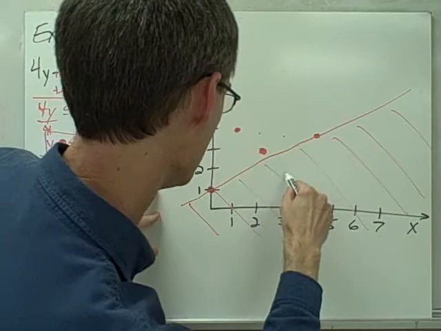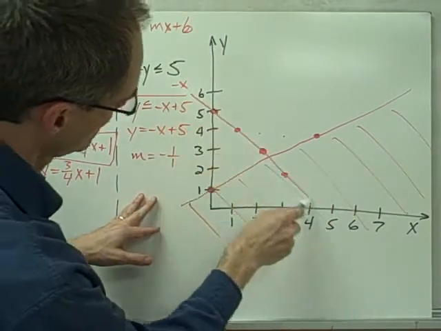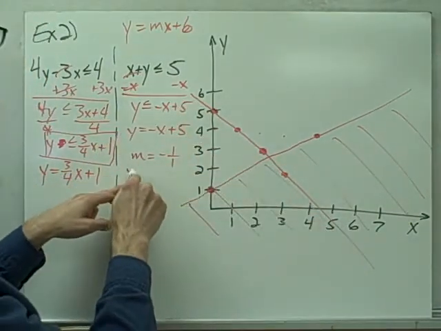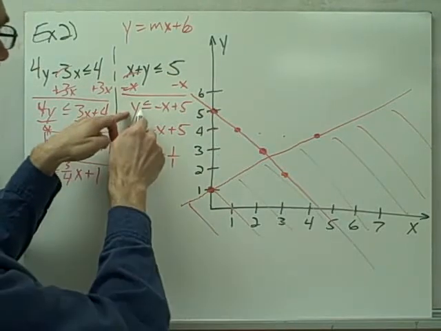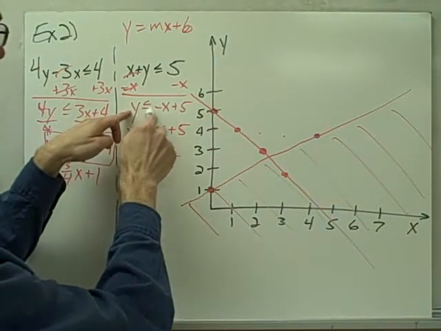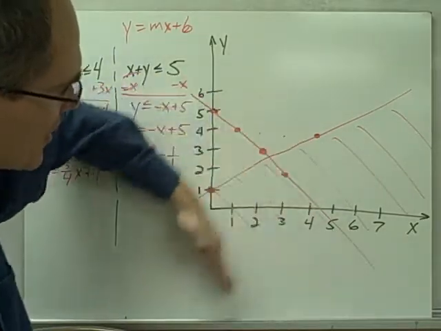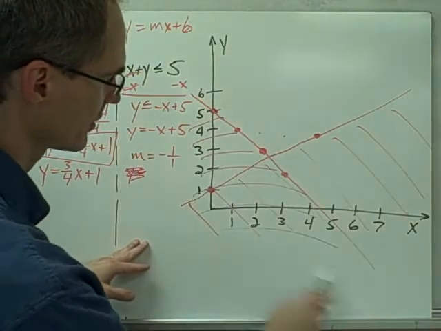There's a point. Down 1 and over 1. And that's my line y equals negative x plus 5. Now I want to graph all the points where y is less than negative x plus 5. Those again are all the points below this line that I just drew, so that's all these points here.